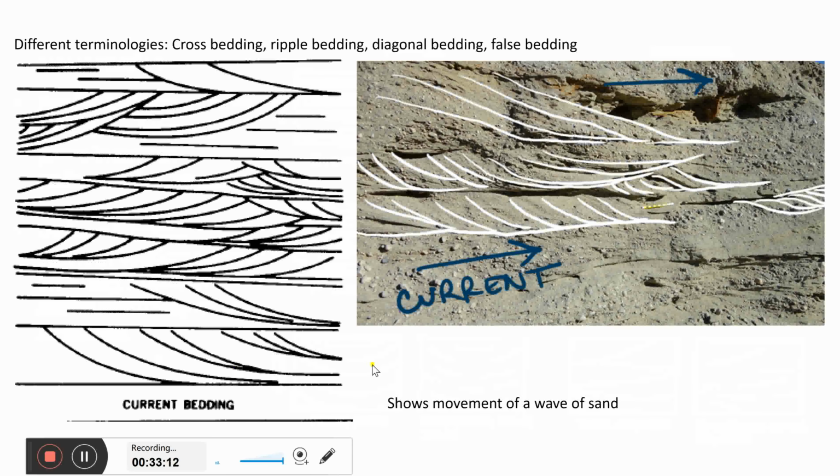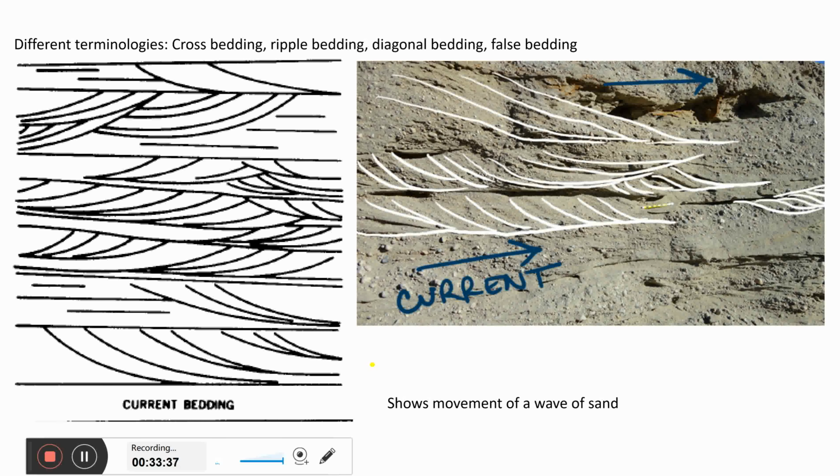Okay, here is a typical example from the field. On the right side, you can see current beddings, and some white lines were drawn on those beddings. This figure shows the movement of a wave of sand.